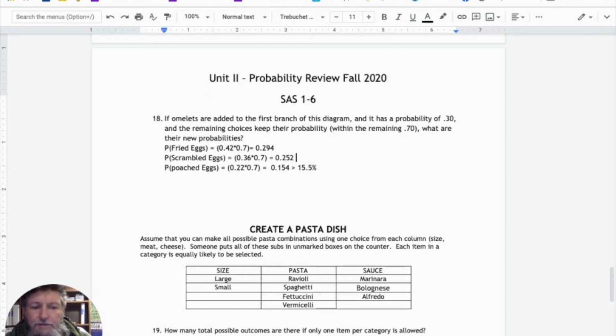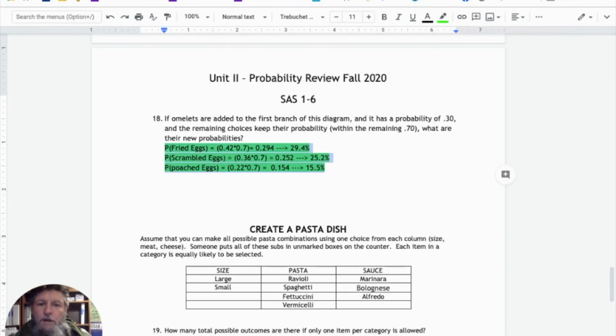I guess I should kind of explain that a little better. And these are your answers for their new probabilities.